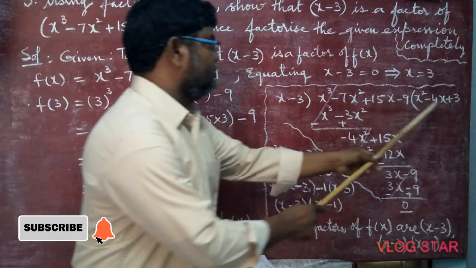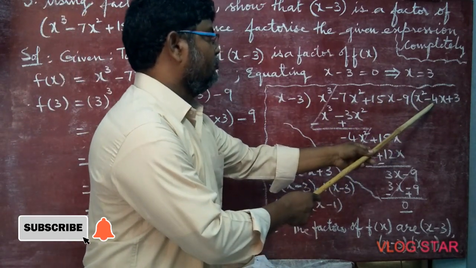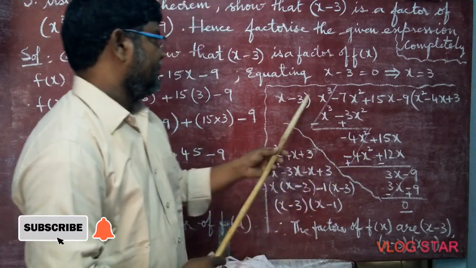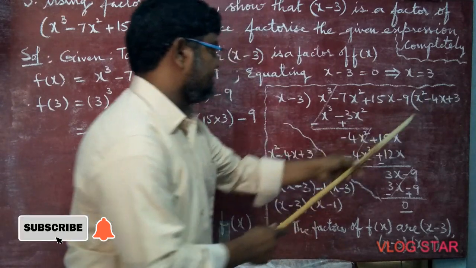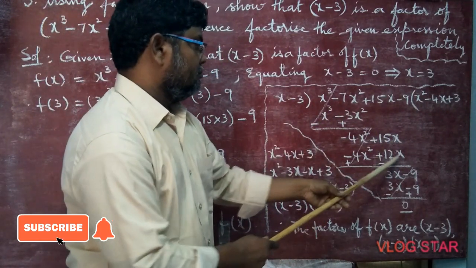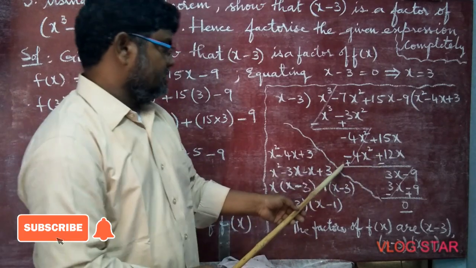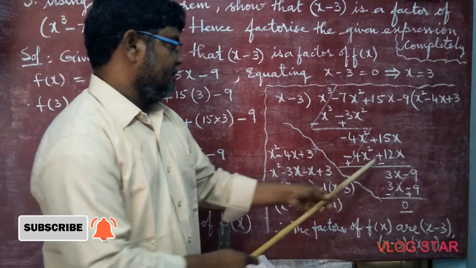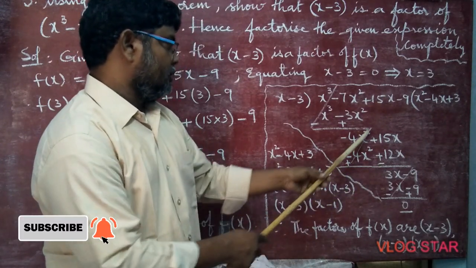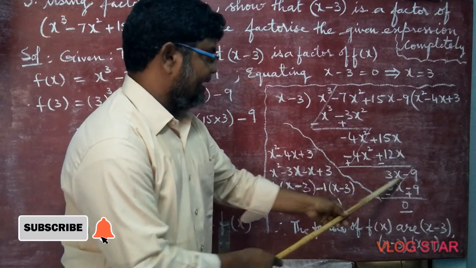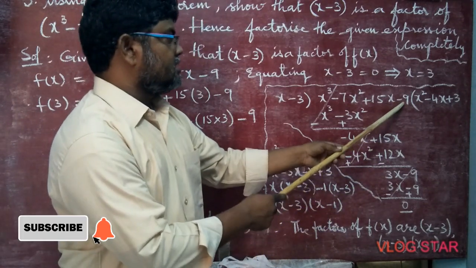So x into, you have to multiply minus 4x into x: minus 4x square. Minus into minus is plus, 3 4s are 12, plus 12x. Now the second one's sign changes: minus becomes plus, plus becomes minus. Both get cancelled. 15 minus 12 will be 3x. And the last constant is remaining.